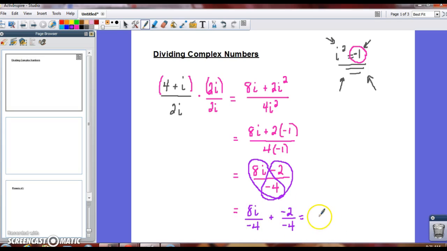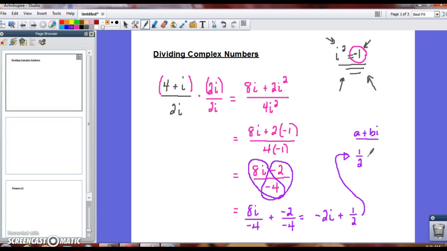8 divided by -4 is -2. So you have -2i, and then a negative divided by a negative is positive. Reduce that, plus 1/2. Okay? If you want to write that in a plus bi form, okay, you put your number that doesn't have the i first.